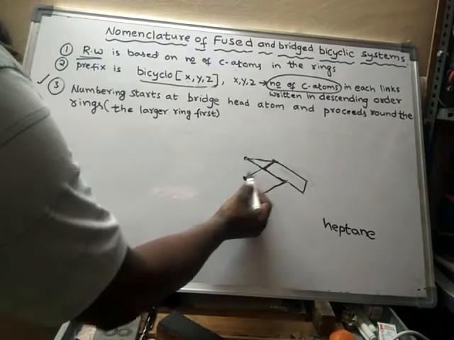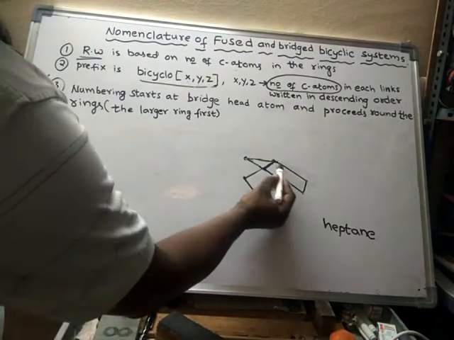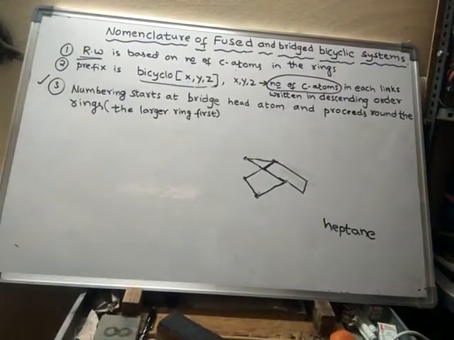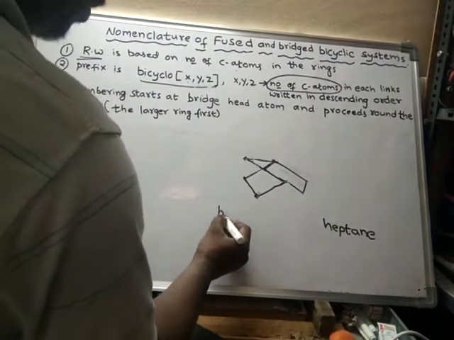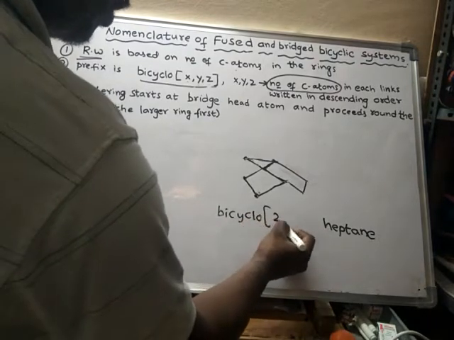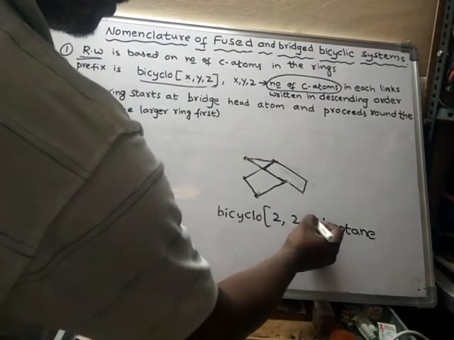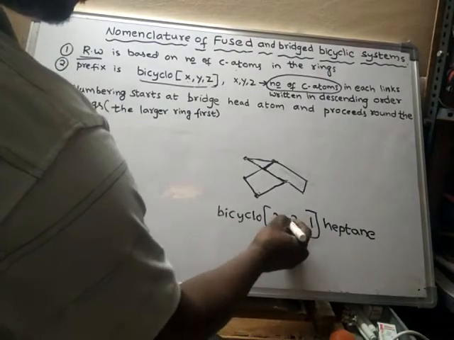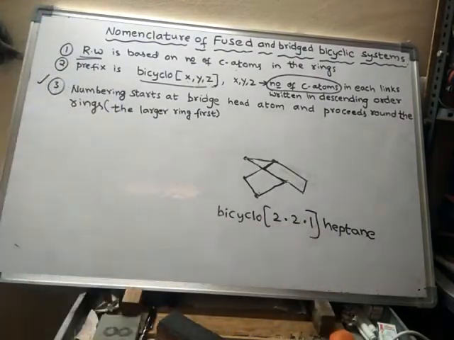This link contains 2 carbons, and this link also contains 2 carbons, but this link contains only 1 carbon. So bicyclo 2, 2, 1. We may use dots also. So this is the name of the compound.